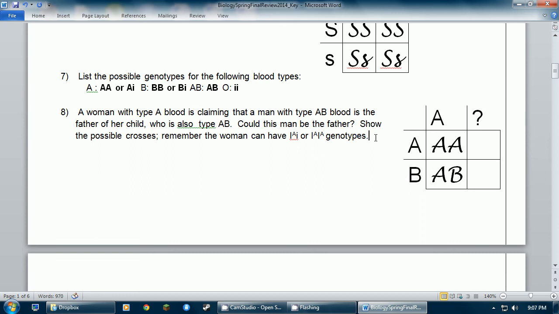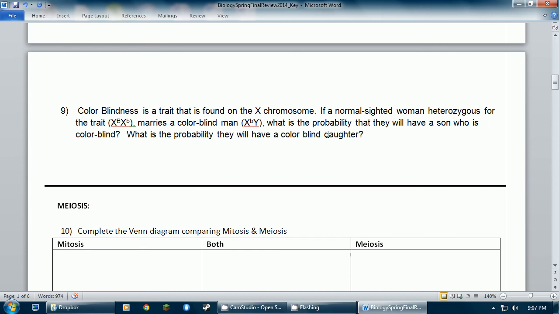So, what we know is that, yes, it is possible. Sure, we don't know what other 2 types of children they could have, but we do know that one of the possibilities is homozygous A-type, and we know the other type is the heterozygous AB. There it is. Number 9.